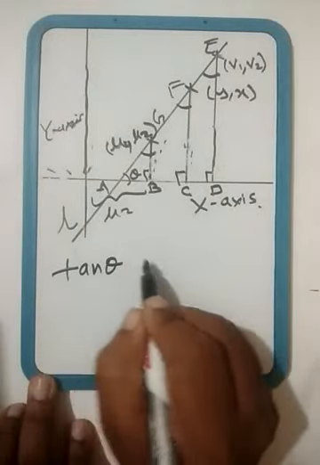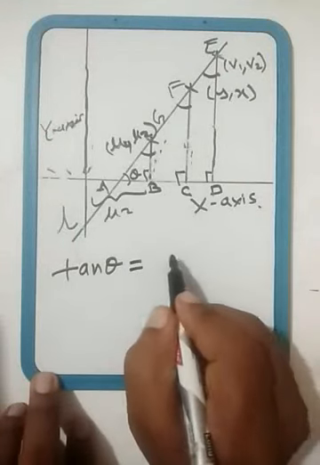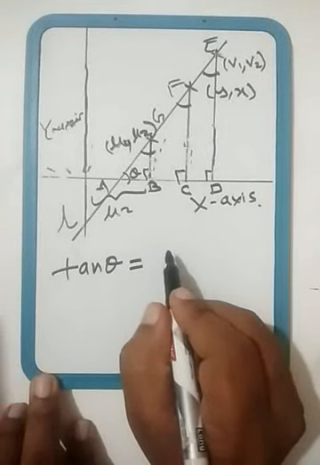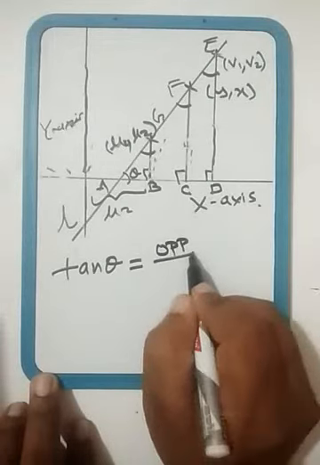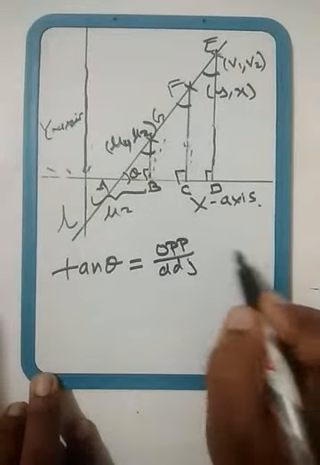So tan of theta is equal to the opposite side upon the adjacent side.